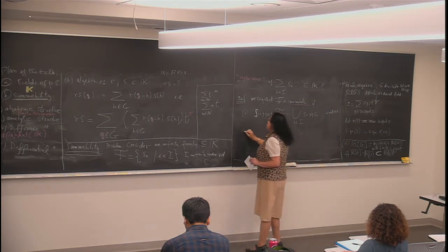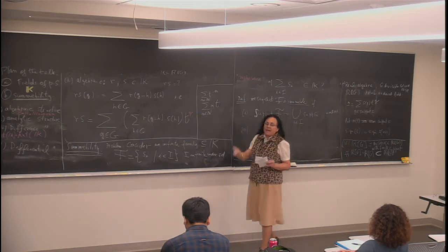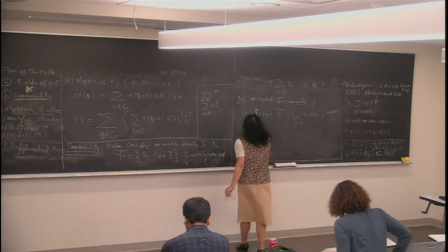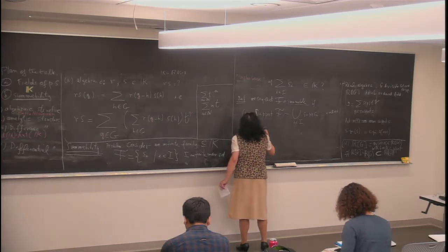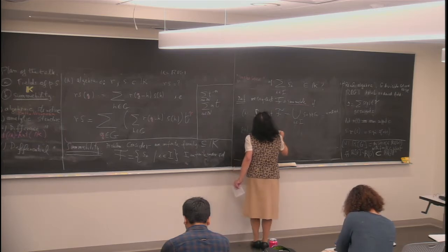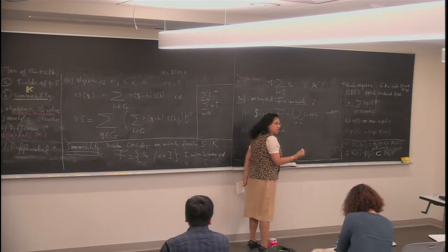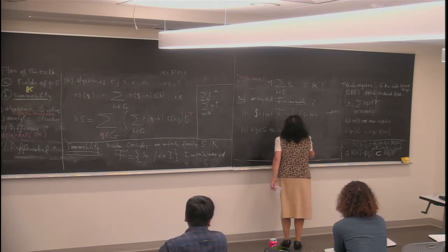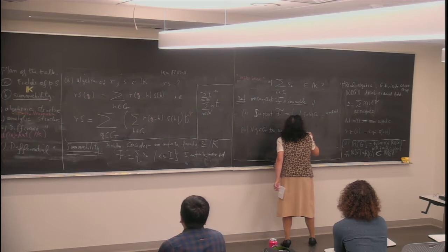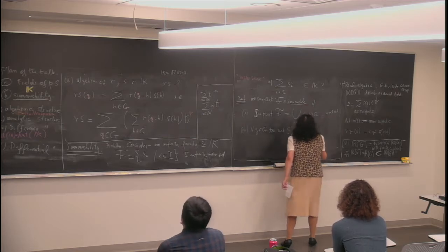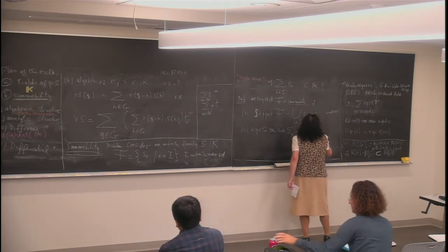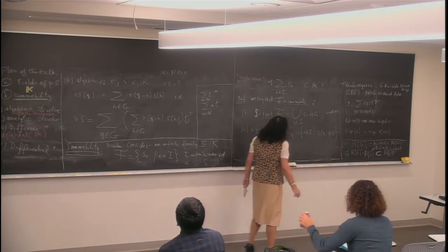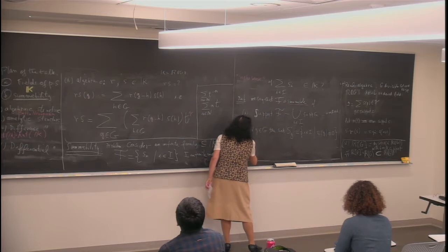This set S_g, which is the set of all indices i for which g is in the support of S_i, has to be finite for all g. So this has to be well ordered, this has to be finite.